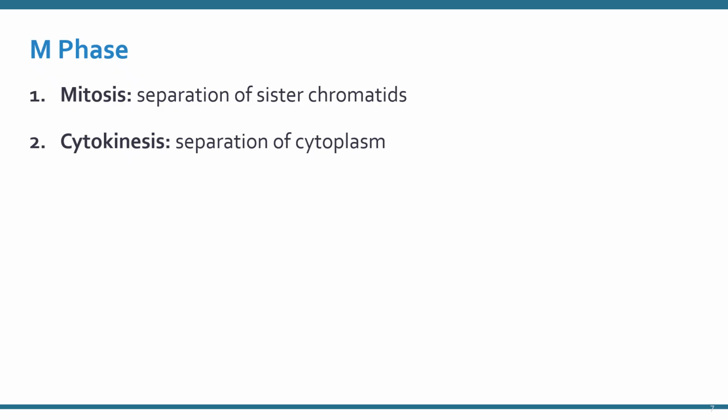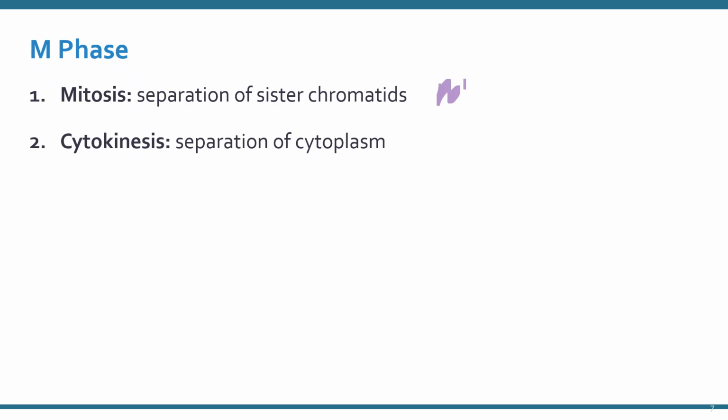So we are all good for mitosis now. We've gone all the way through gap 1, S phase, gap 2, all of our checkpoints, and now we are ready to enter mitosis, where we are going to divide the nucleus and separate those sister chromatids.